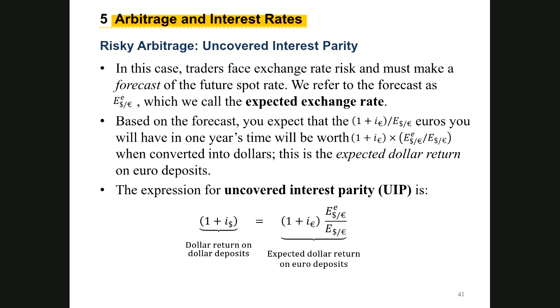So this is called risky arbitrage. Right? Once again, what's the meaning of arbitrage? Arbitrage means a trade strategy that can exploit the profit opportunity arising from price differences. Right?